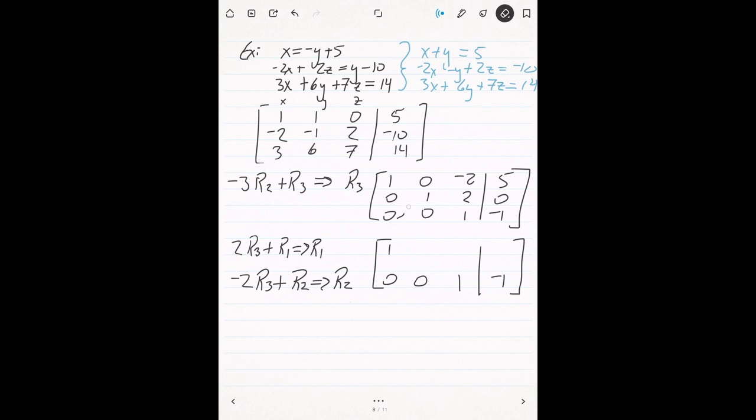So nothing changes there. 0 times 2 plus 0, well that's still just a 0, so nothing changes there. But then here's what I wanted to happen. 2 times 1 is 2, and then add that to a negative 2, that becomes a 0. And then in the constants at the end here, we have negative 1 times 2 is negative 2. When I add that to 5, I'm going to get a 3.